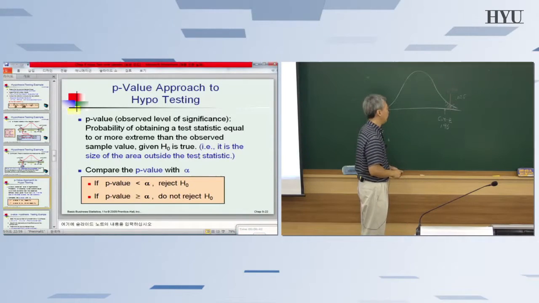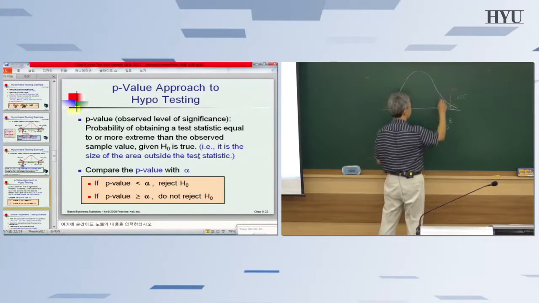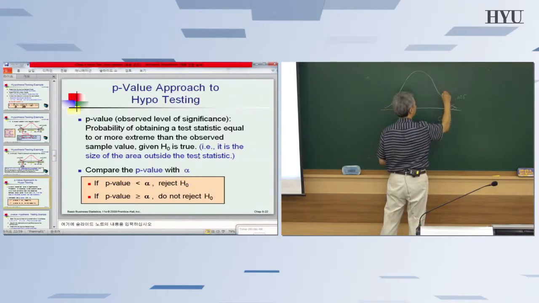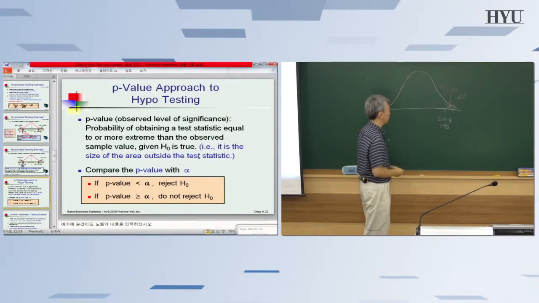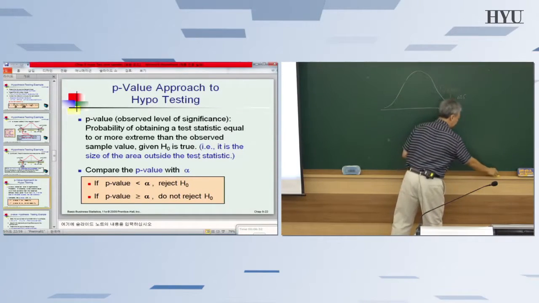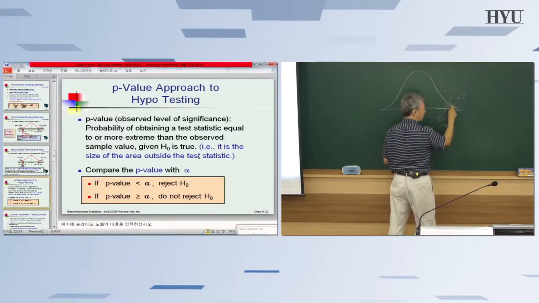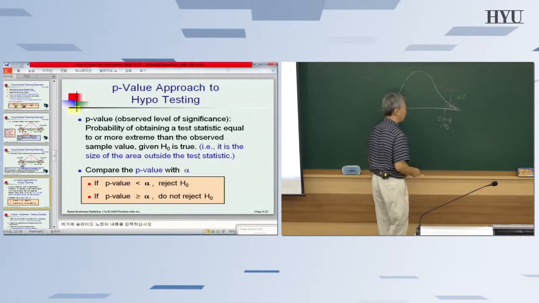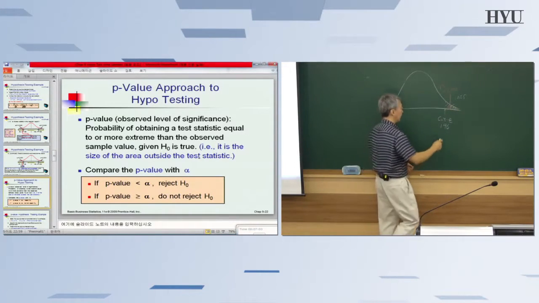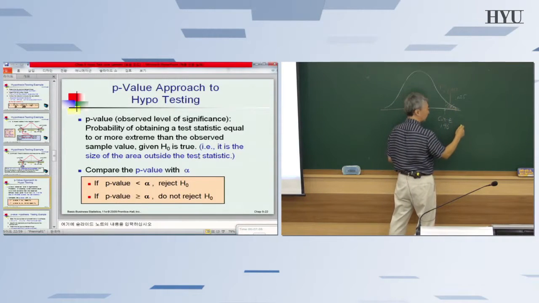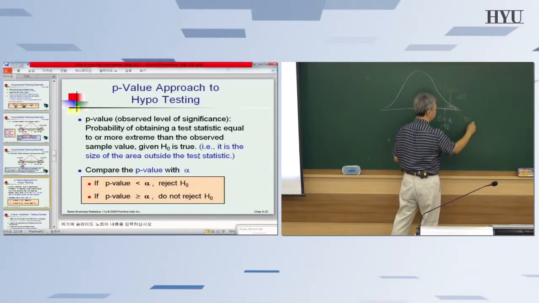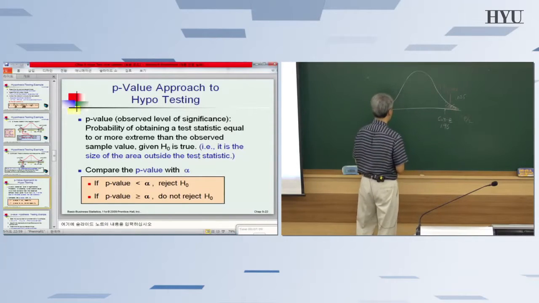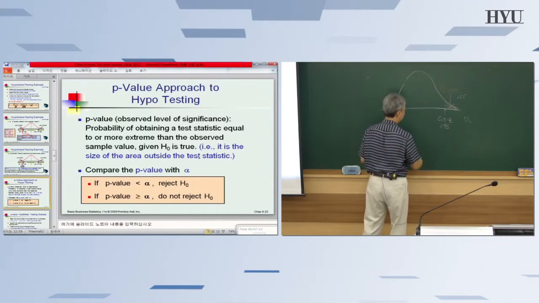In the p-value approach, here's our test statistic, and we found it's 2.0. We're going to find the size of the area outside the test statistic, this yellow shaded area, and let's say that's half of p, because we're going to do the same thing on the other tail.